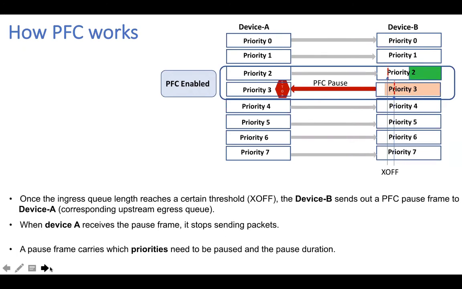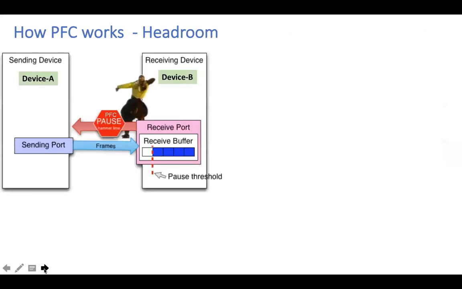Okay. Now, maybe you are thinking that when device B sends a PFC pause frame to device A, it will take some time to arrive and for the device to react or process the PFC pause frame, right? During this time, device A is sending data continuously to device B, correct?